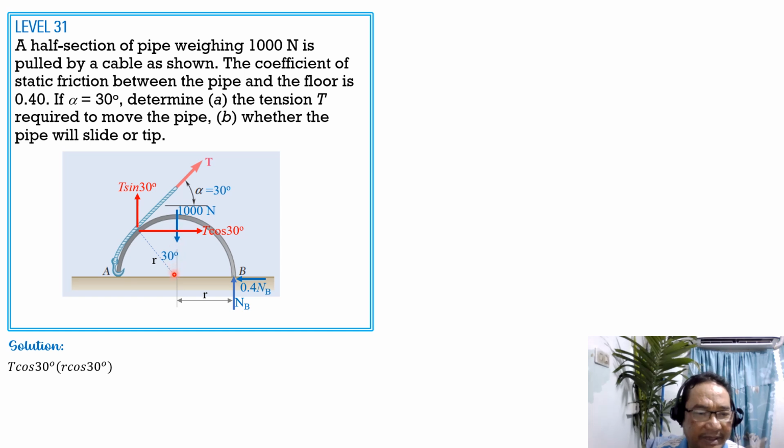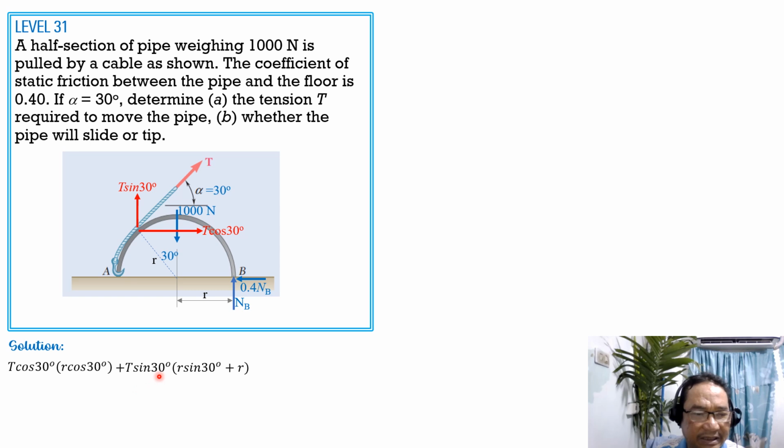This moment arm here is R cosine of 30 degrees. Then the moment of the vertical component is also clockwise, so plus T sine 30 degrees. The moment arm is this distance plus this distance. So this distance is R sine of 30, then plus R. That's the moment arm of T sine 30 degrees about B.